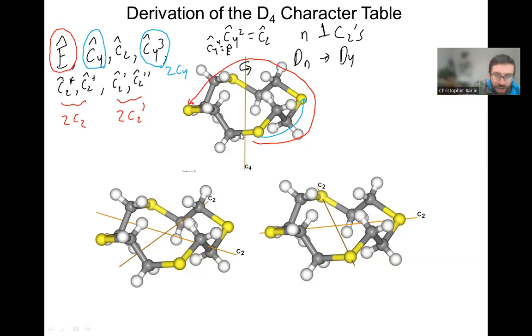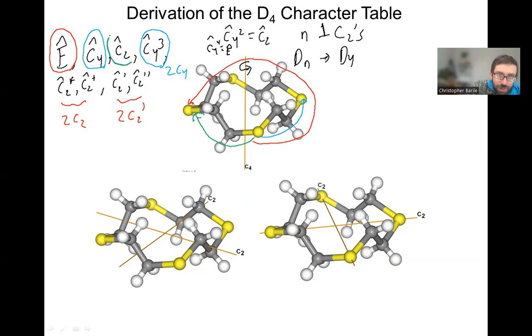But if we just defined our axis systems in a different way, that would be equal to a C4, right? So the C4 and the C4 cubed are sort of equivalent. It's arbitrary depending upon how you define your axis systems, and you can interconvert between those axis systems using some other operations, namely these perpendicular C2s, to get you from one place to another. So those two are going to go together.